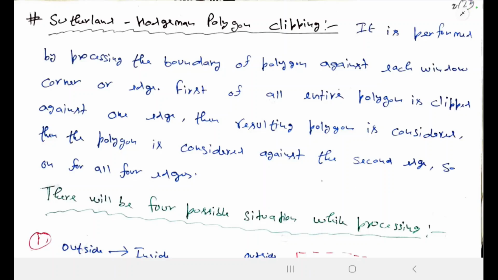Welcome all. Our today's topic is Sutherland-Hodgeman Polygon Clipping. Before this clipping, we have learned about how to clip a particular line, but in this clipping, we will learn to clip our polygon.